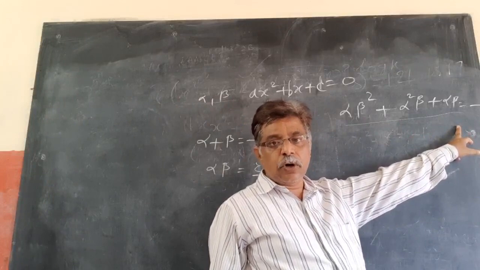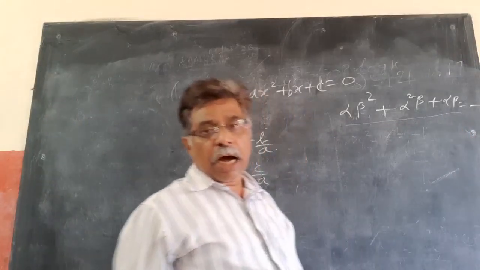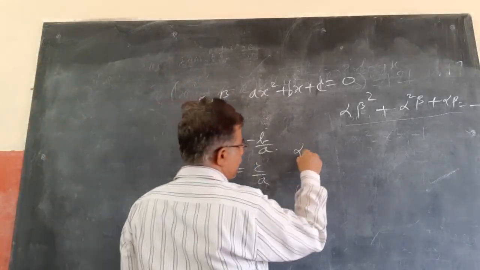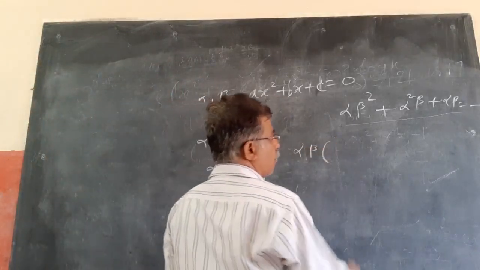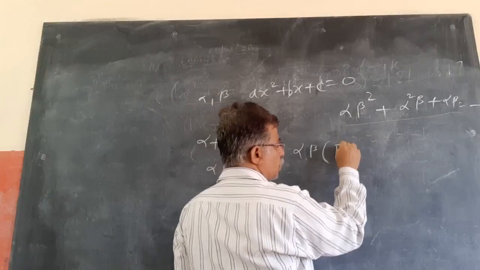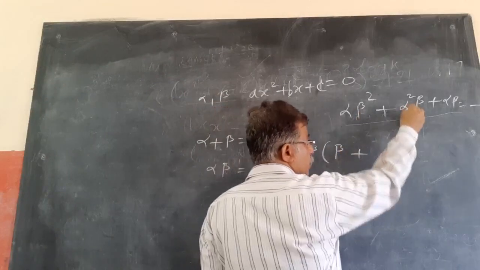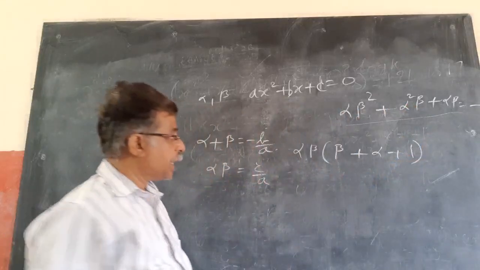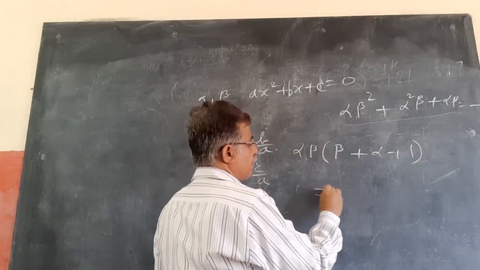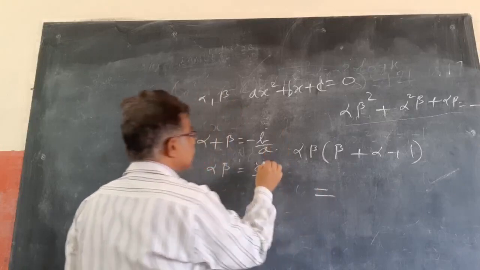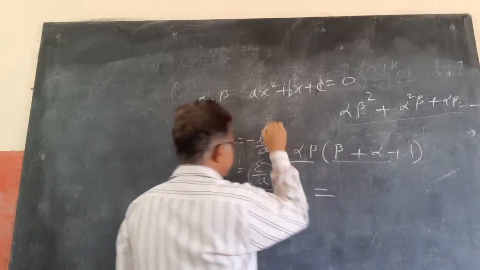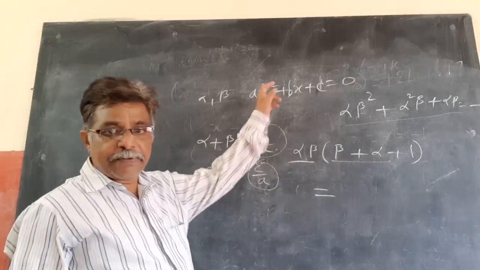If I take alpha beta common, what is left out is only beta here, only alpha here, and plus 1 here. Now I know everything, because alpha beta is c by a and alpha plus beta is minus b by a from the given equation.